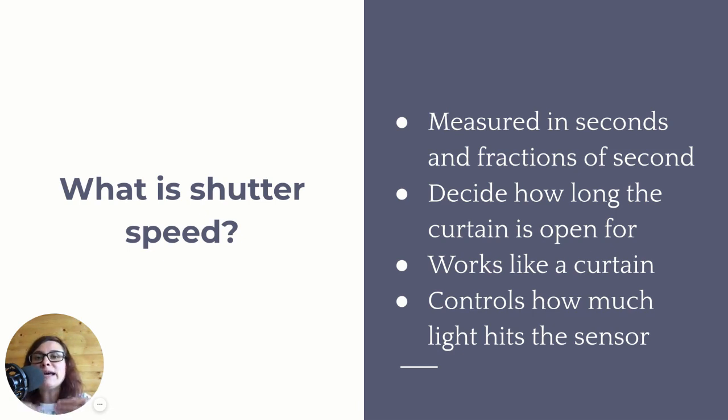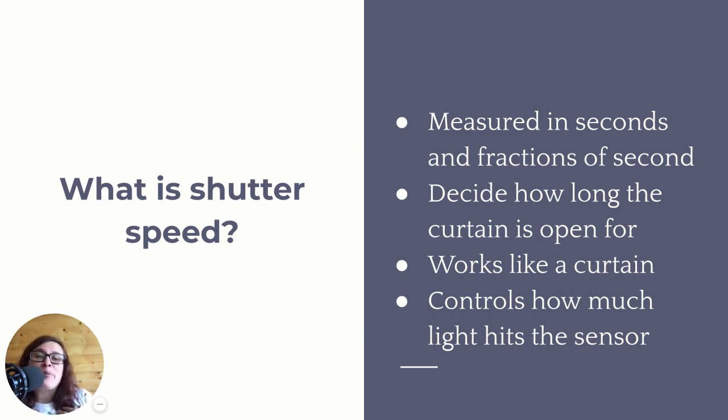Now, the speed at which these two curtains open and close is the shutter speed. The shutter speed is measured in seconds, or more likely in fractions of seconds, because this whole thing that I did with my face happens super fast. Like I'm talking Roadrunner fast. Some cameras have shutter speeds that get to 1/8,000 of a second.